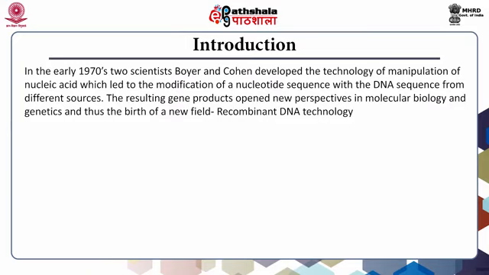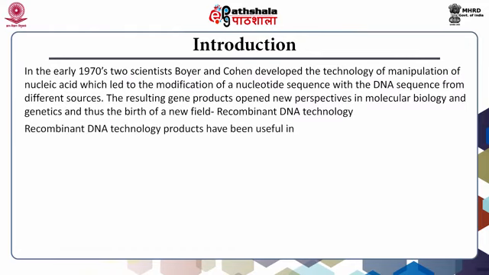In the early 1970s, two scientists, Boyer and Cohen, developed the technology of manipulation of nucleic acid, which led to the modification of a nucleotide sequence with DNA sequences from different sources. The resulting gene products opened new perspectives in molecular biology and genetics, and thus the birth of a new field, recombinant DNA technology, took place.